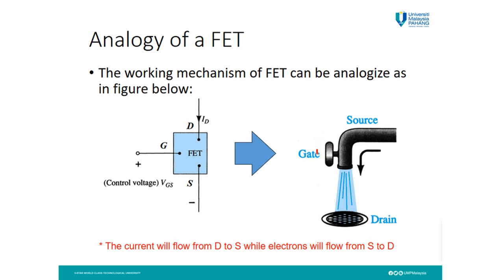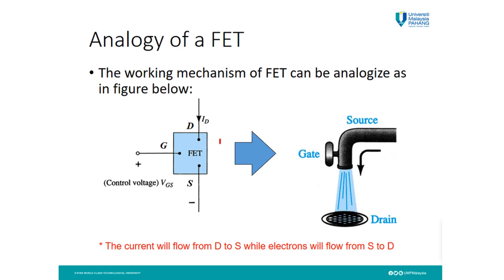When we open, the water will flow. So from this analogy we can see that the water flows from the source to the drain. The same goes for the FET, but the direction is the drain at the top and the S at the bottom, but the analogy is the same.